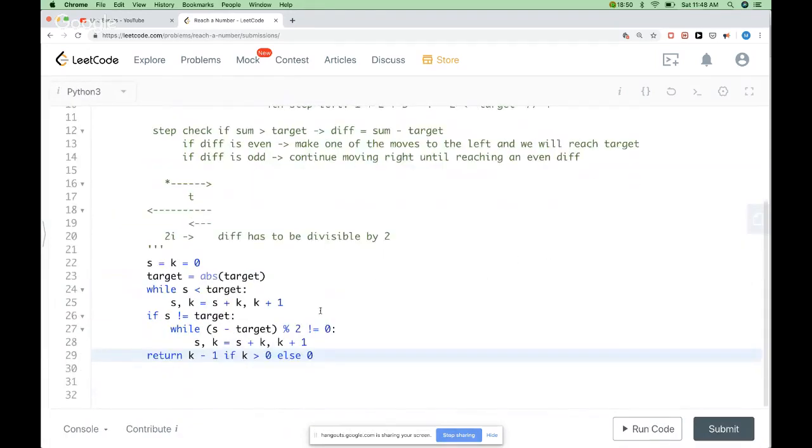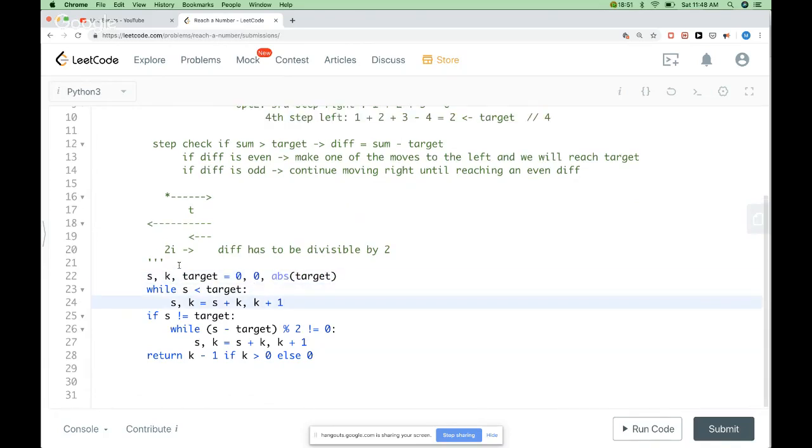I want to simplify this solution a little bit more. So instead of doing these 2 while loops, we can just get away with 1. So while S is less than target, notice here we are doing the same computation, right?